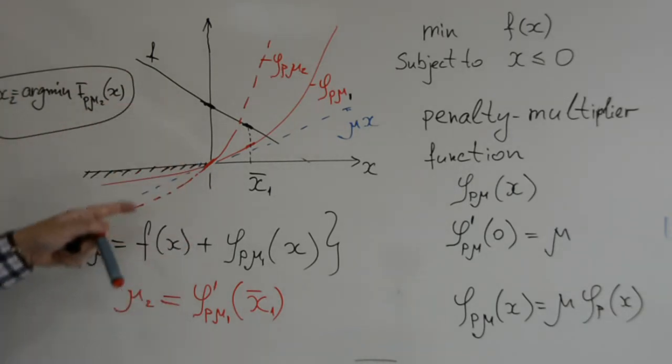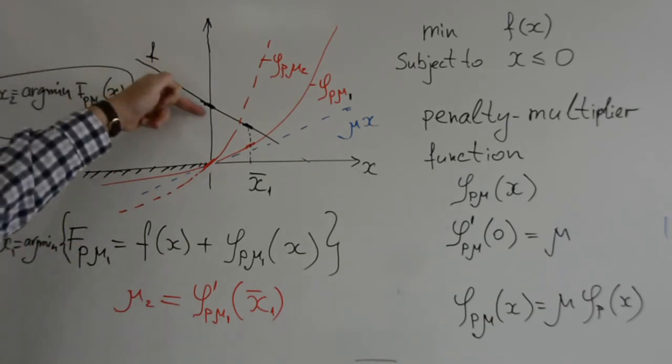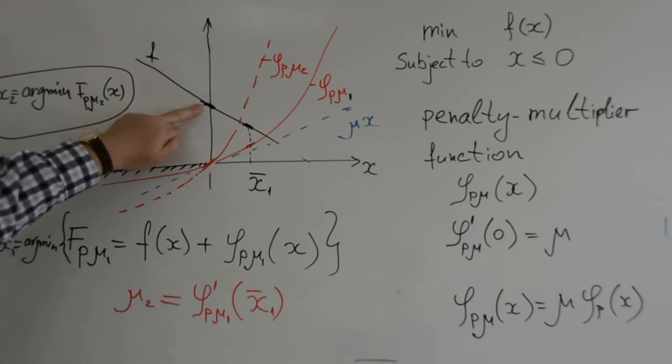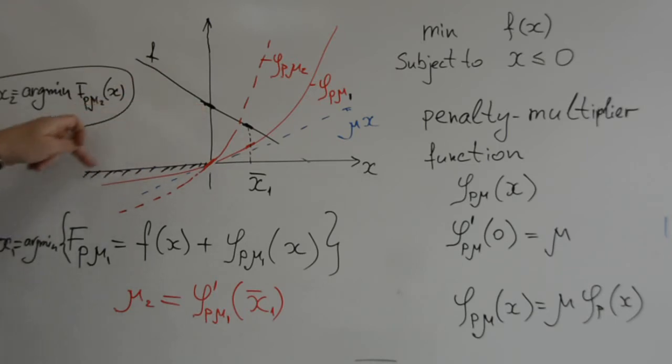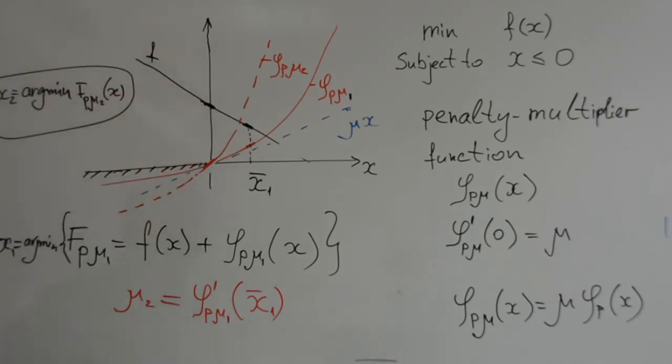In our example, we will get exactly to the accurate solution of our problem, because we see that the minimizer of f of x, subject to x less or equal to 0, where f of x is a decreasing function. Of course, the accurate solution is 0.